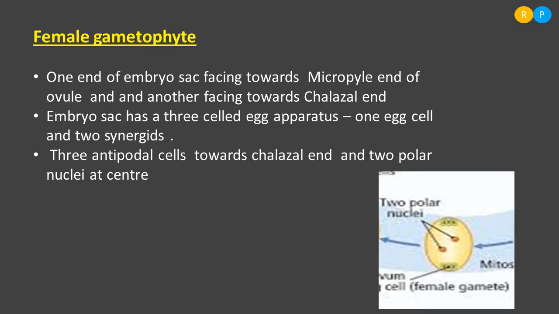All those 3 cells are named antipodal cells. Understood, right? So the 3 cells present towards the micropylar end are named what? Egg apparatus. Among the egg apparatus, one cell is the egg, and on either side of the egg cell we have two synergids. All three together are called the egg apparatus. Then the three cells present towards the chalazal end of the ovule are named antipodal cells.